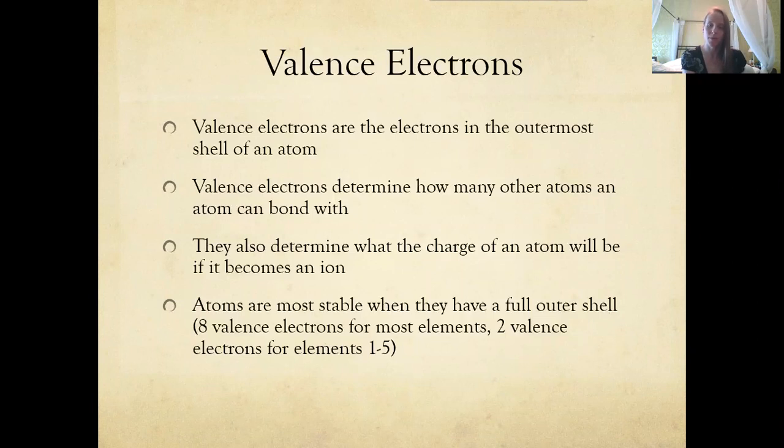Atoms are most stable when they have a full outer shell. So that's the octet rule, meaning that most elements are most stable with 8 valence electrons, though for elements 1 through 5, 2 valence electrons is a full outer shell for them.